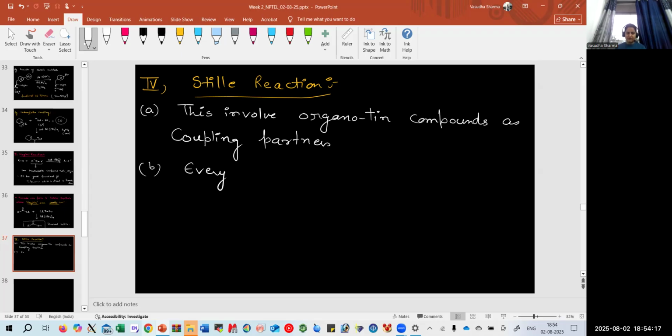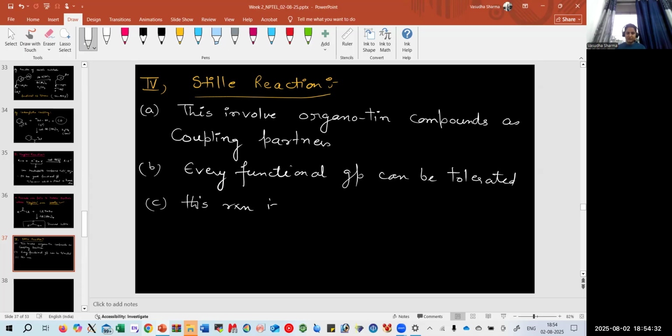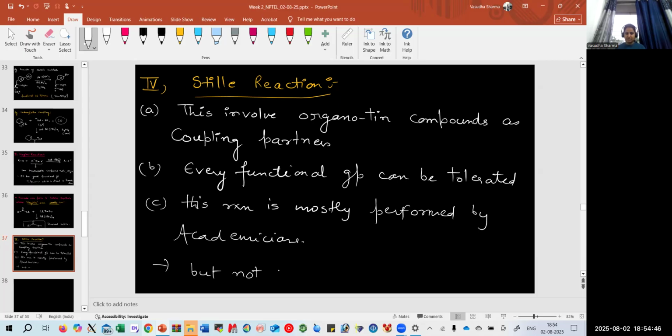The beauty of this reaction is that every functional group can be tolerated here. This reaction is mostly performed by academicians, but not very applicable to industries or medicine.